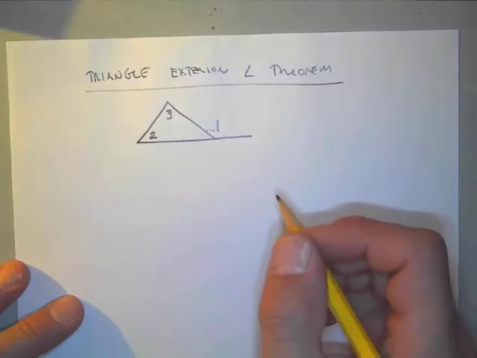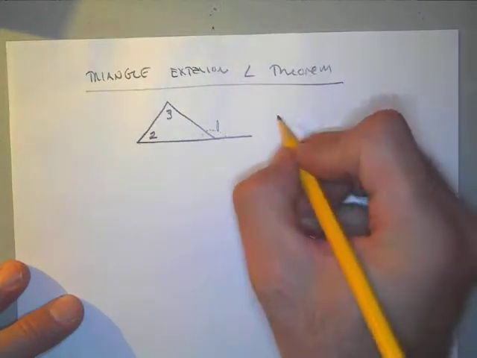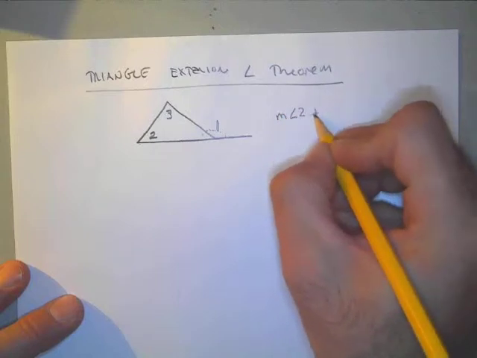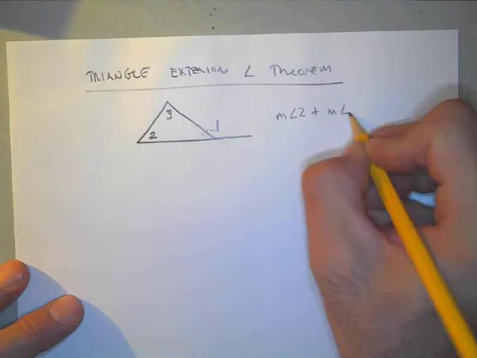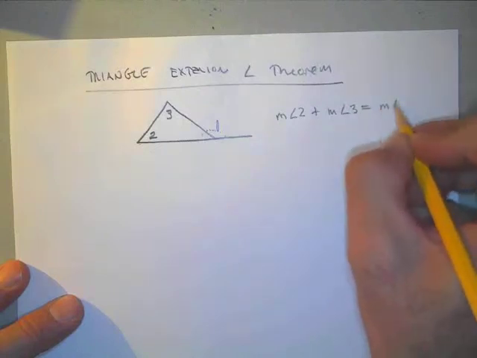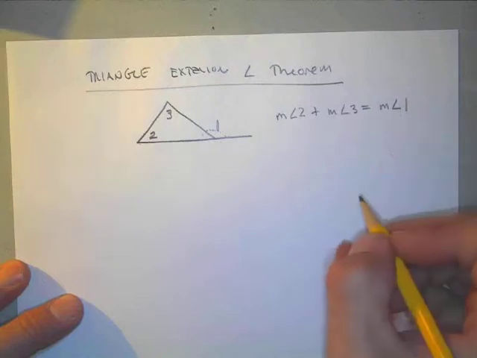And the way this theorem works is that the measure of angle 2 plus the measure of angle 3 equals the measure of angle 1.